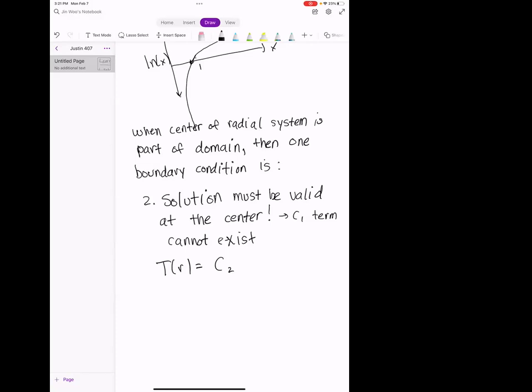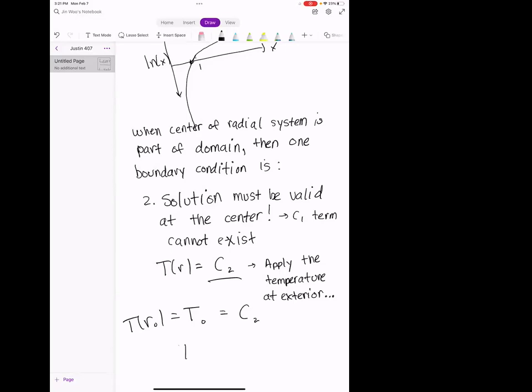If we apply our first boundary condition, which is the temperature at the exterior of the cylinder, remember T at Ro is equal to To, and we set that equal to our general solution here, which is just C2, we get C2 is just equal to To.